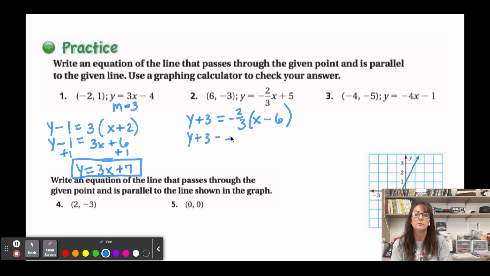Then we're going to distribute negative 2/3 x, and then negative 2/3 times a negative 6 is going to be a positive, and it's kind of like 6 divided by 3 is 2, and 2 times 2 is 4, so plus 4, and then we're subtracting 3. So I got y is equal to negative 2/3 x plus 1.